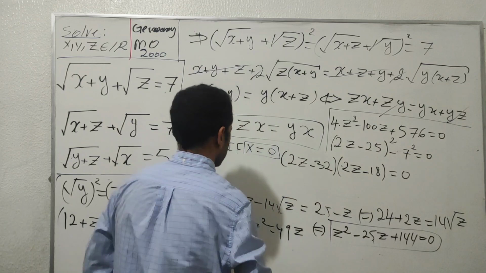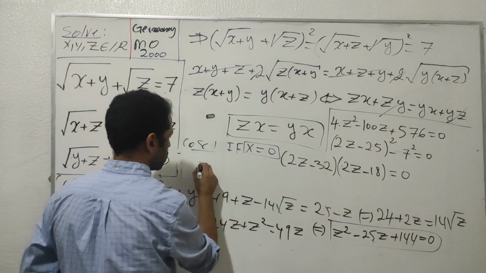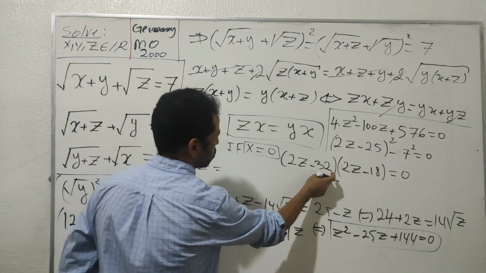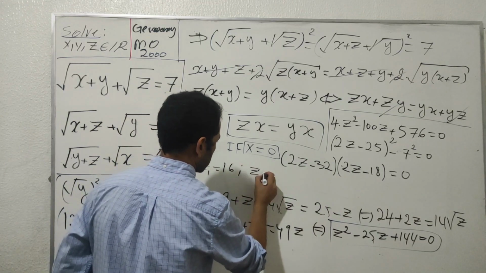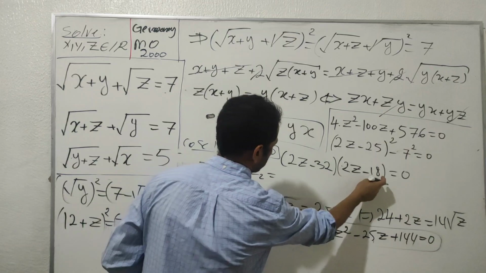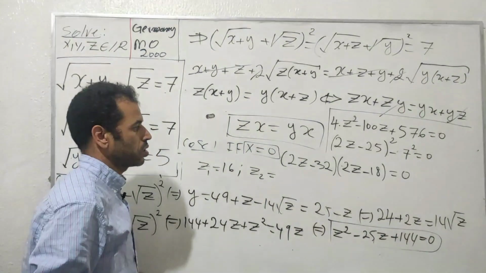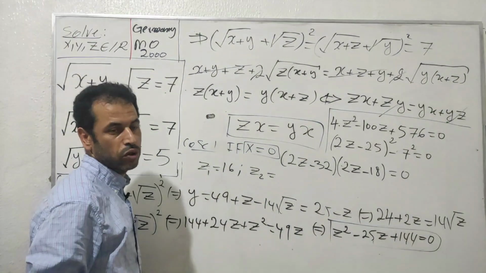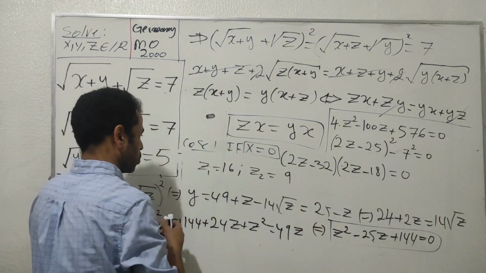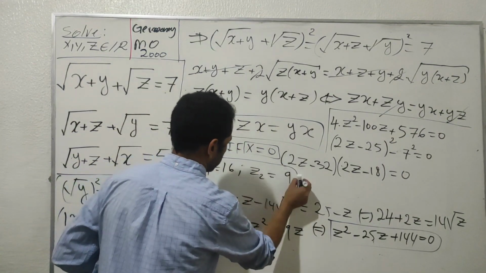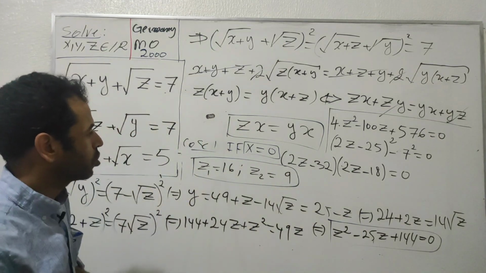So I will have two solutions. I get 2z equals 32, which is z equals 16 as the first solution. For the second solution, I get 2z equals 18, which is z equals 18 over 2, which is 9. So I have extracted two solutions from this equation.